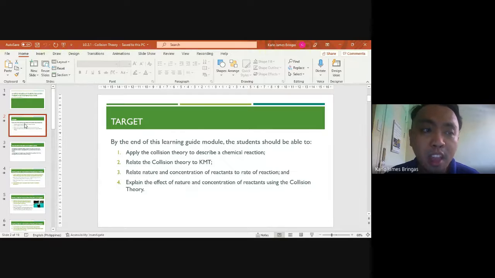We abbreviate kinetic molecular theory to KMT so that we don't have to pronounce all of that, since it's a bit of a mouthful. 3. Relate the nature and concentration of reactants to the rate of reaction. And finally, 4. Explain the effect of nature and concentration of reactants using the collision theory.